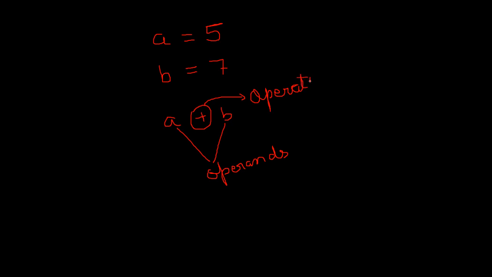So plus is basically an operator which tells me the type of operation that can be performed on these operands. So the third token which we are going to study is basically the operator. So we are going to study these types of symbols in operator, okay.